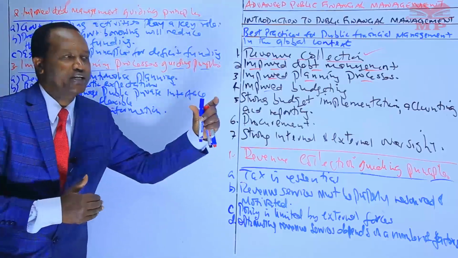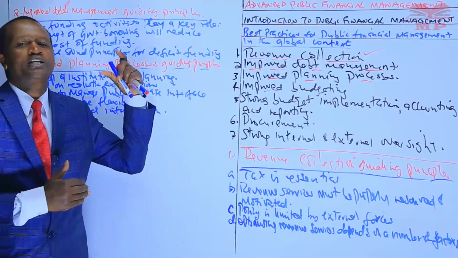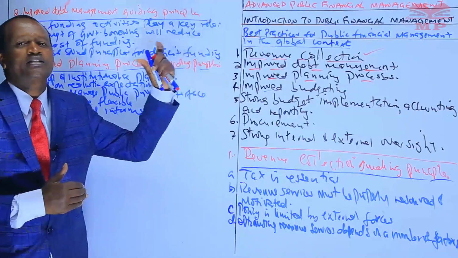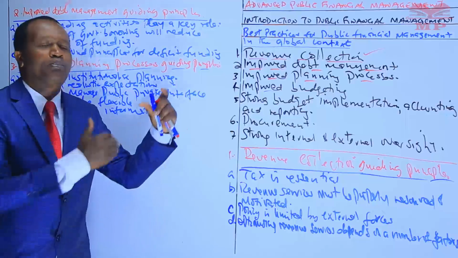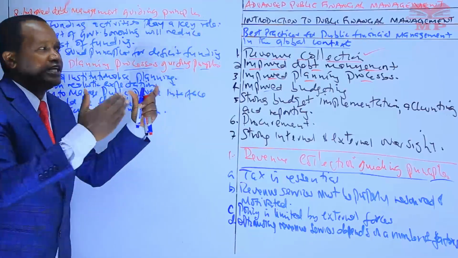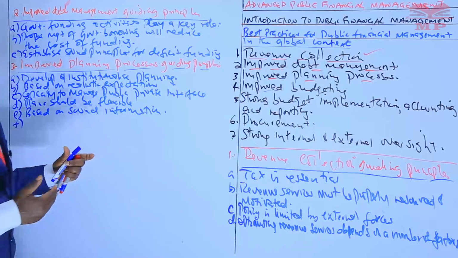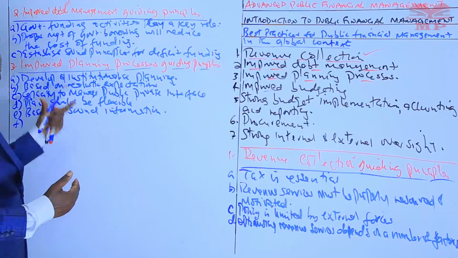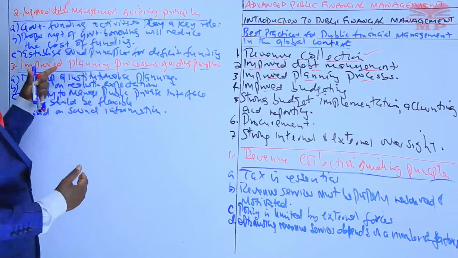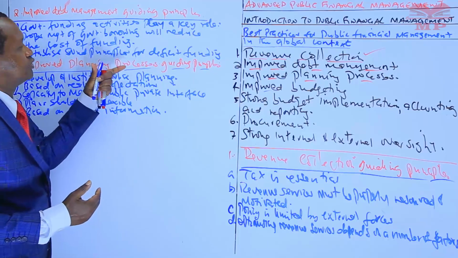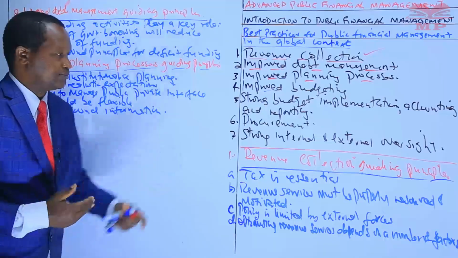So if issues are identified during planning, then such issues need to be appropriately reflected in the budget. So I've given you 7 improved planning processes guiding principles.